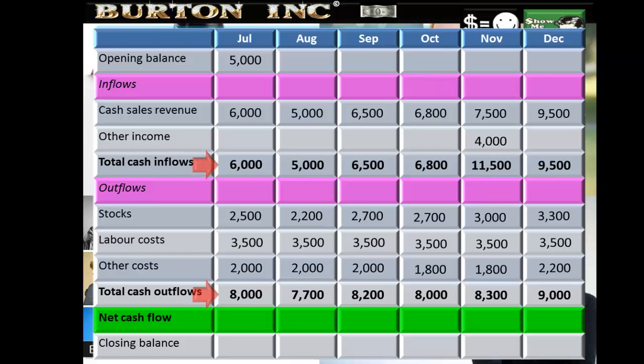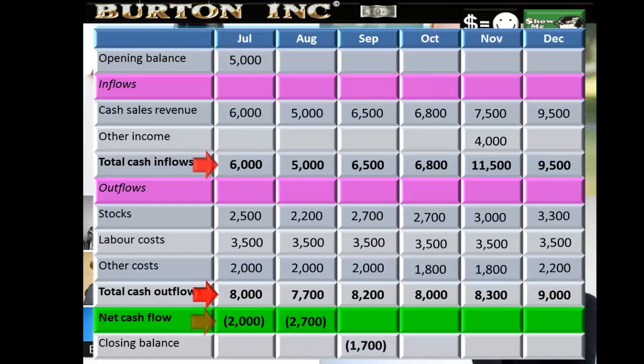Now, it's standard convention to put any negative numbers in brackets. So if you see a bracket surrounding a number, it indicates that it's got a negative value. And straight away we'll see we'll have a negative net cash flow for July. 6,000 of inflow, 8,000 of cash outflows, leaving us with negative 2,000.